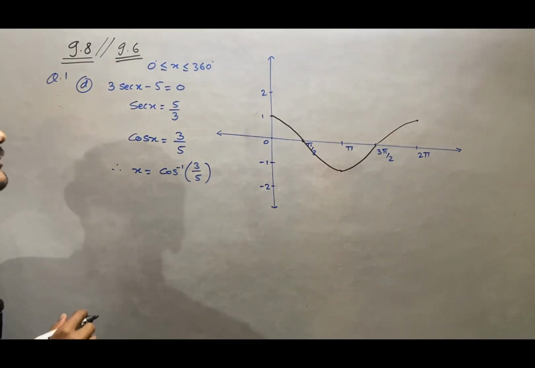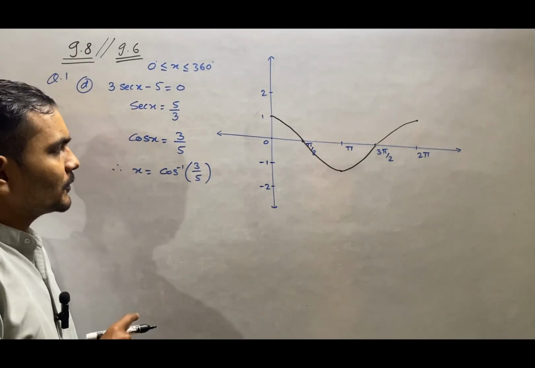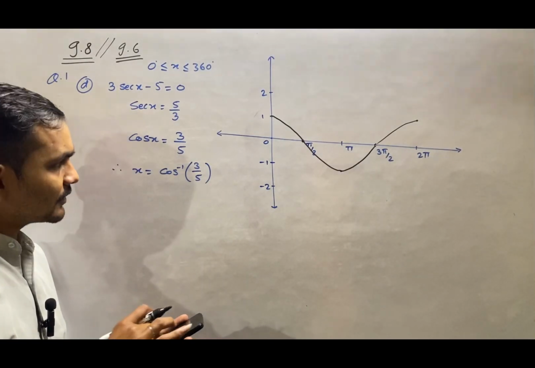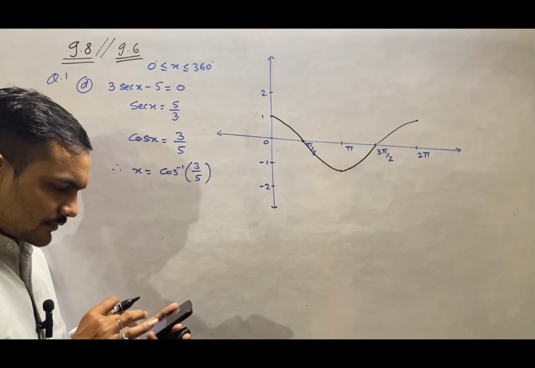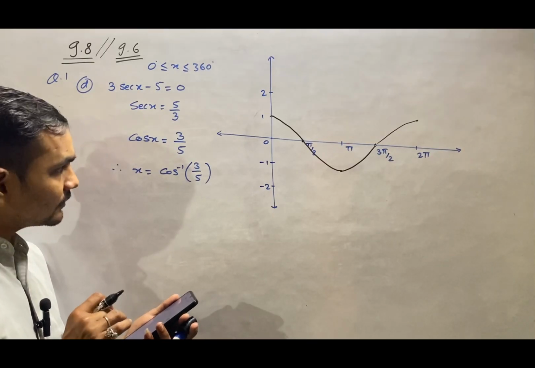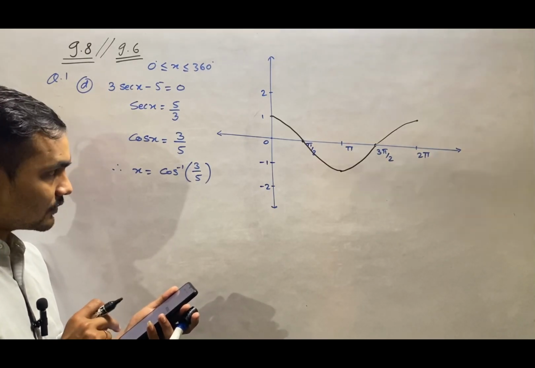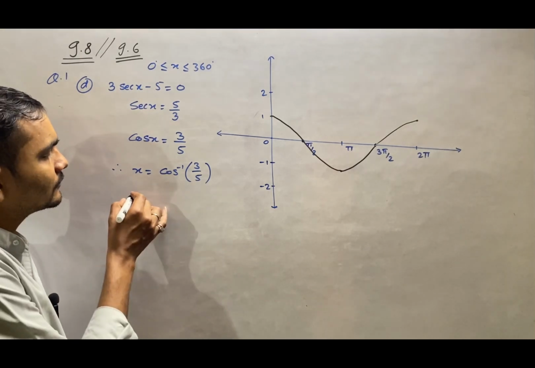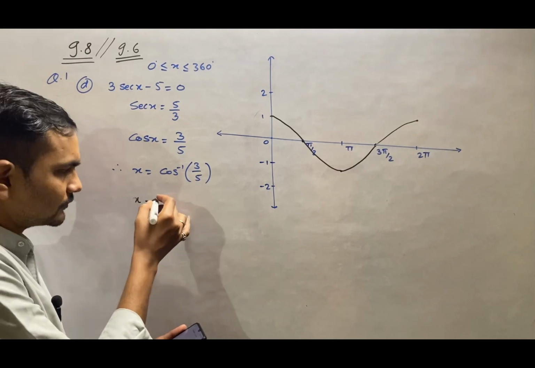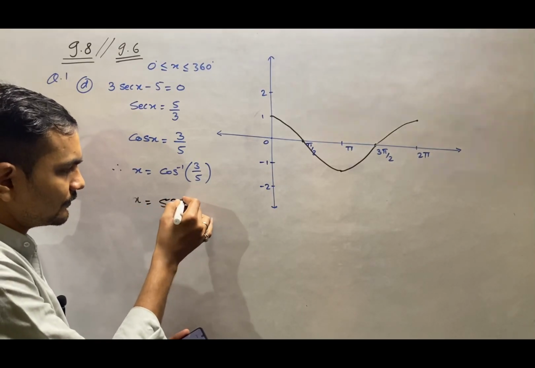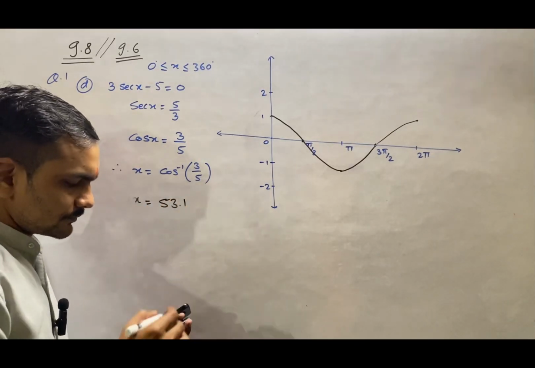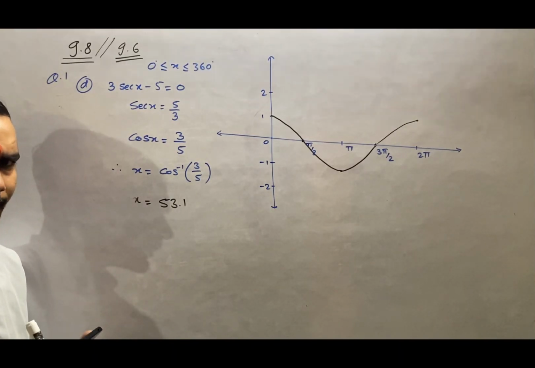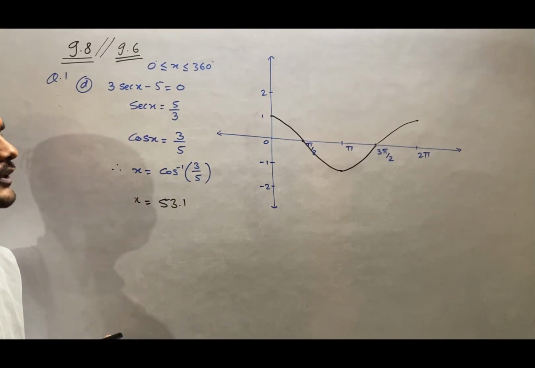Now by using the calculator, let's find the value of cos inverse 3 over 5. It is 53.1.